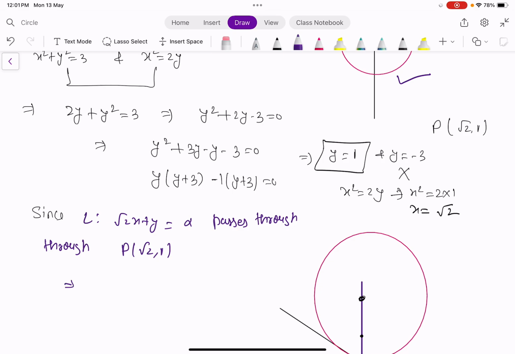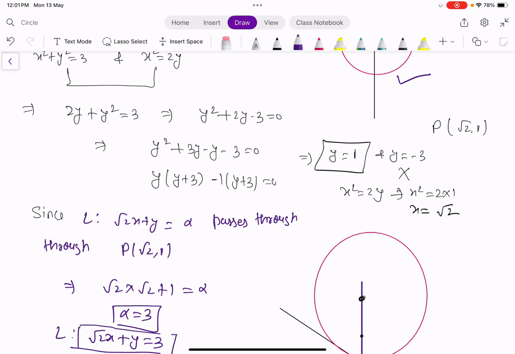So we can write root 2 into root 2 plus 1 equal to alpha. So alpha will be equal to 3. Now what is the equation of line we got? The equation of line we got is root 2x plus y equal to 3.